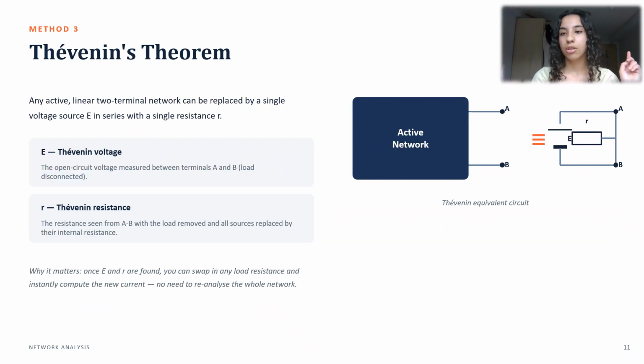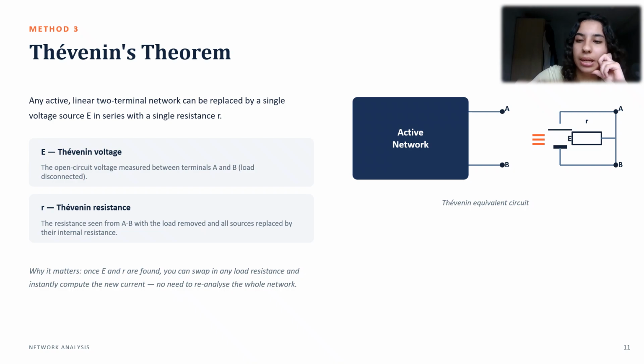Right, Thevenin's theorem. This is a new one. We do this method by combining both sources, both batteries together with their resistance. In this way, we do not have to reanalyze the whole network.